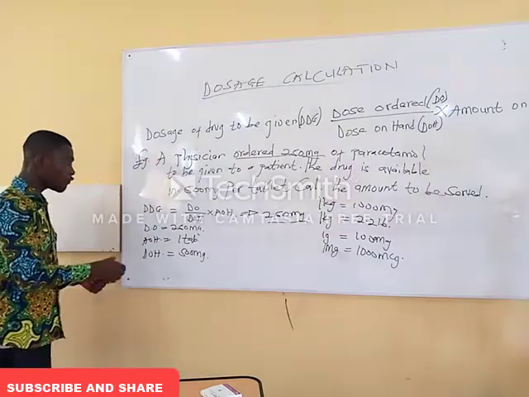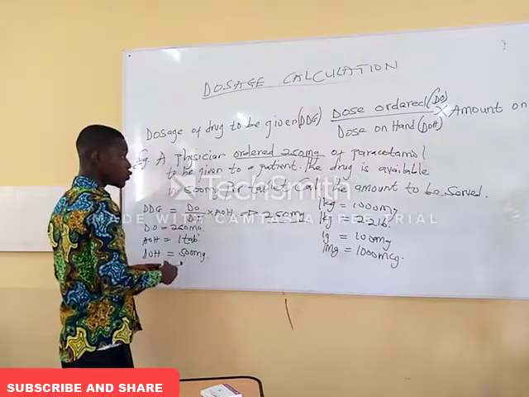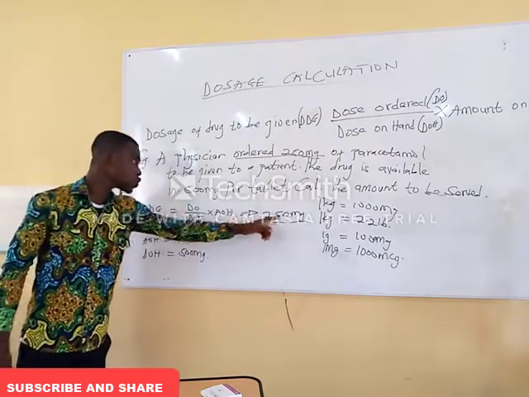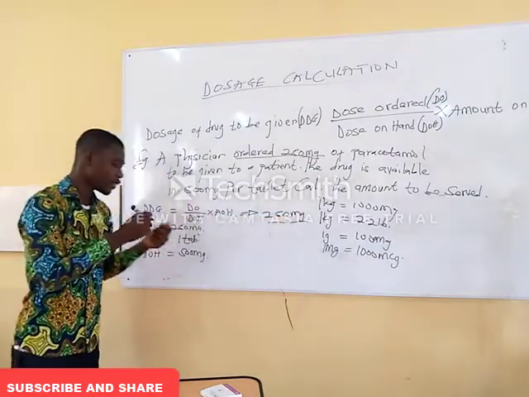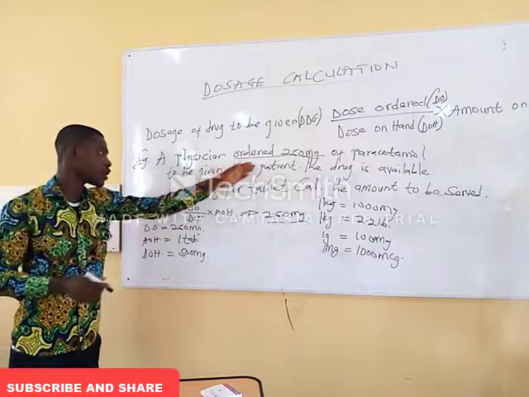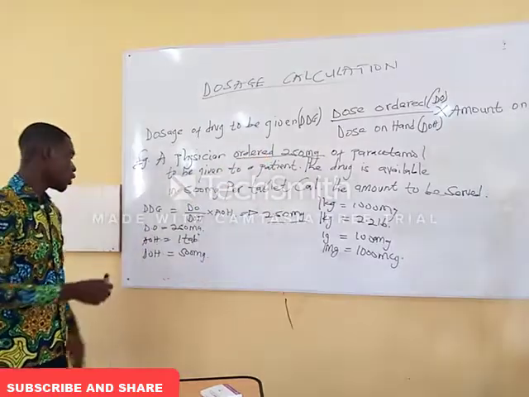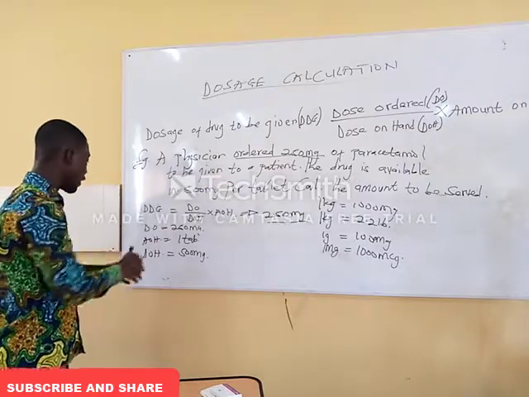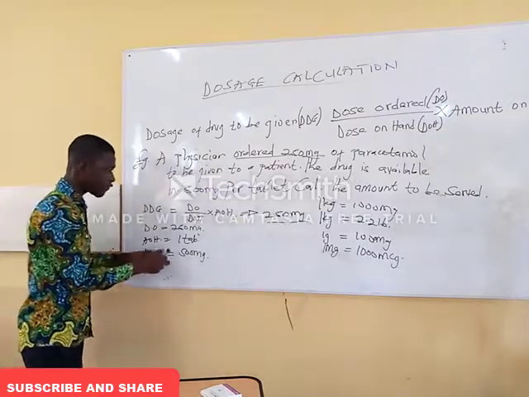So you fix it into the formula. And then we've written the dose ordered, which is 250, from the question that the physician ordered 250 mg of PMOL. And then the dose on hand here, as we said, is 500 mg.